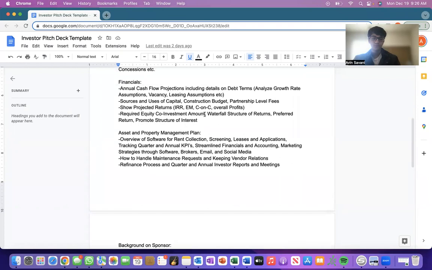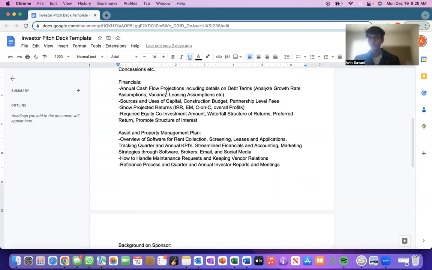So yeah, sources and uses of capital. On our underwriting, we have sources, which are essentially the debt and the equity, right? These are your main two sources of capital. And then your uses of capital would be, let's say, the purchase price, the closing costs, the hard and soft costs, the construction budget, right?